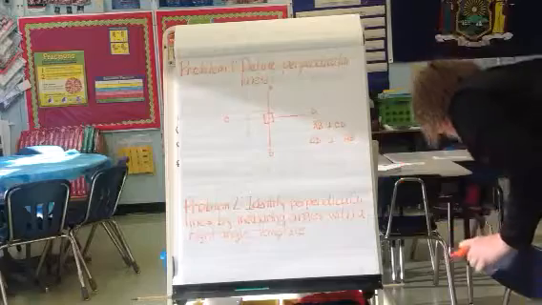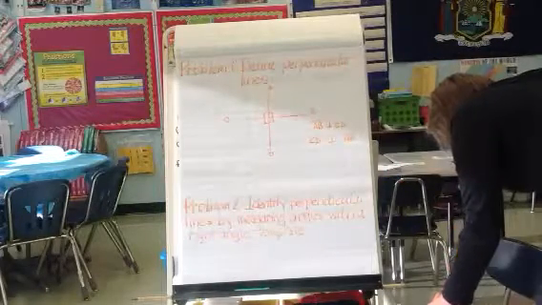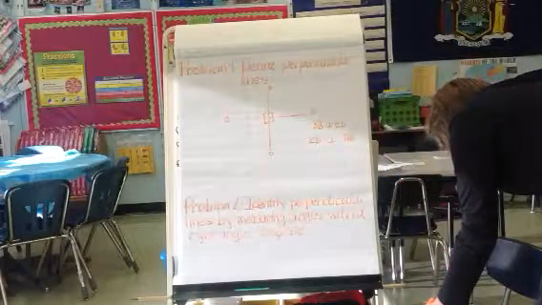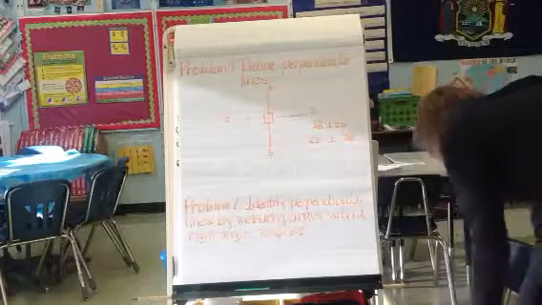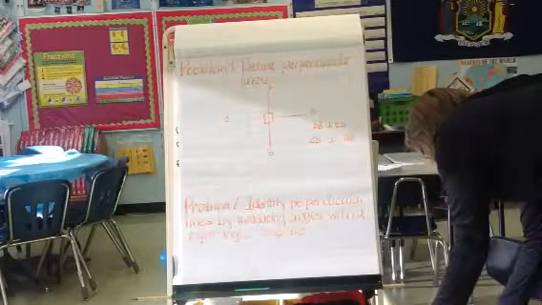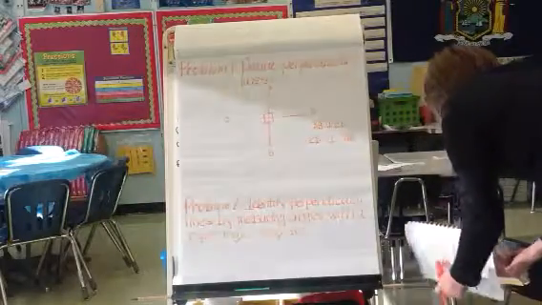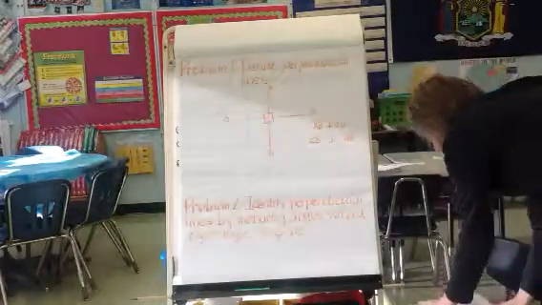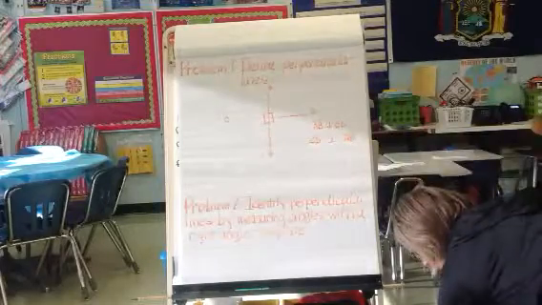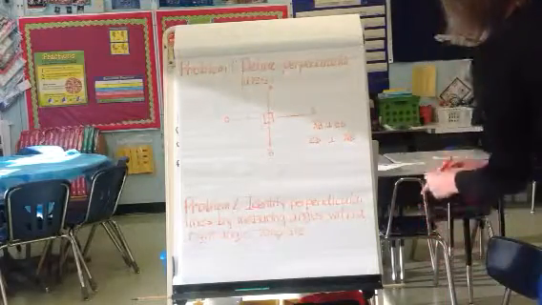Okay, second part, we are going to be using our angle template to determine whether or not lines are perpendicular. Okay, if we were to walk around the classroom, we would be able to find things that are perpendicular.